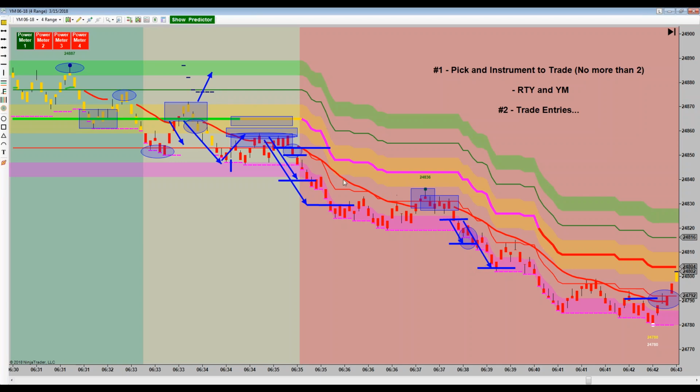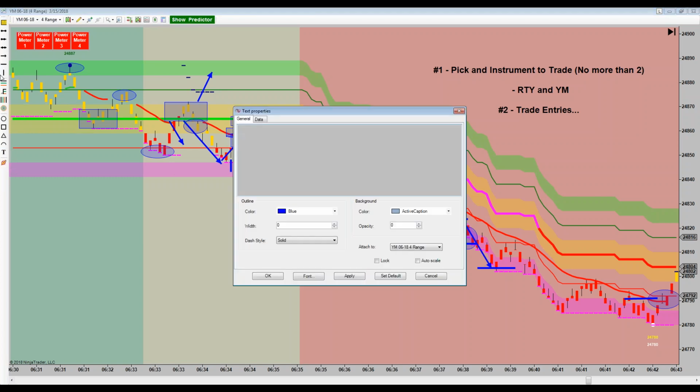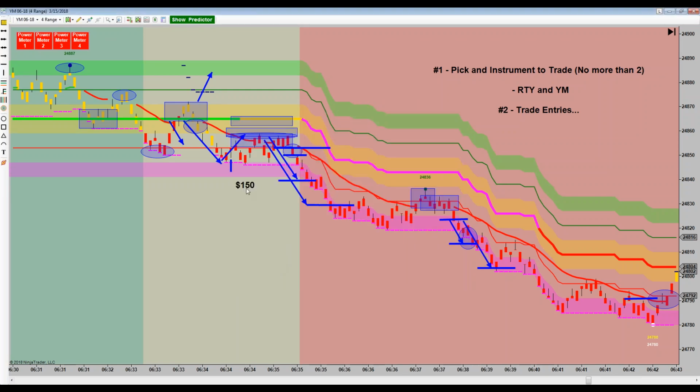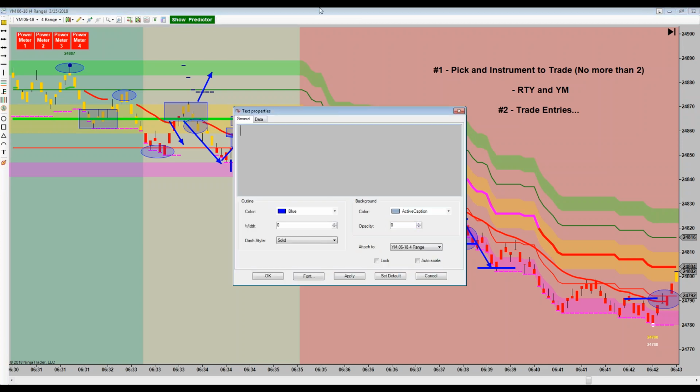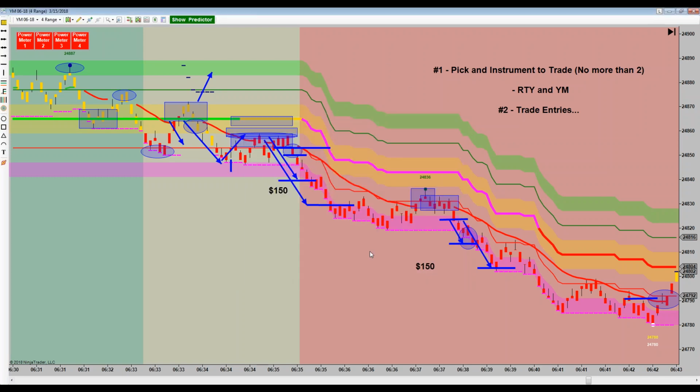Or total? Either way, what was the total? Anybody? Well, 30 ticks at $1 a tick is $150 a trade, right? There's 150 right there, 30 ticks. And there's 150 right there, 30 ticks. So you're at 645 and you've made $300.